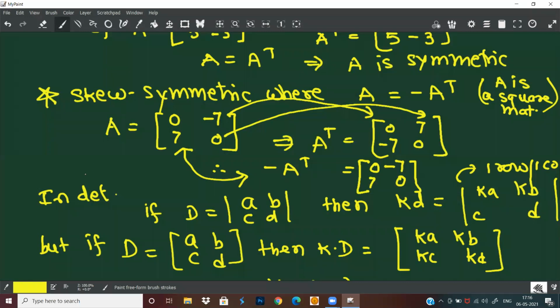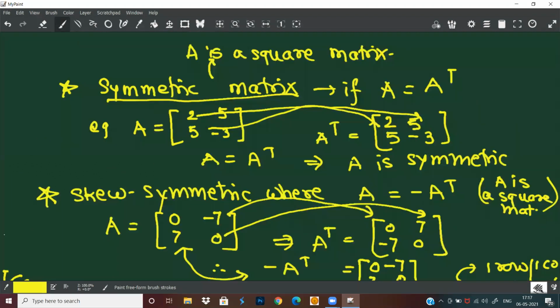And neither also happens, in which case it is neither symmetric nor skew symmetric. You understood the difference? Multiplication, scalar multiplication in a determinant and in a matrix. Symmetric, skew symmetric.